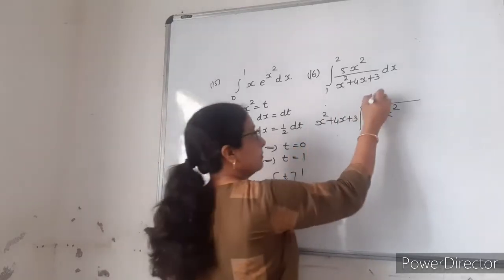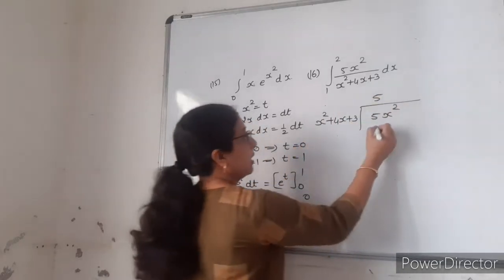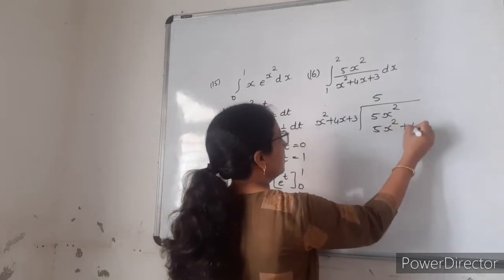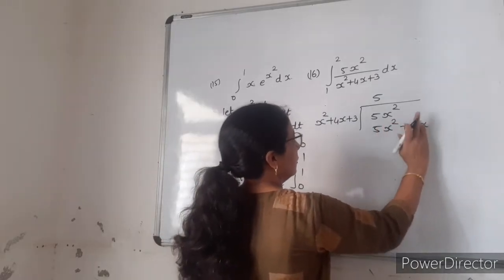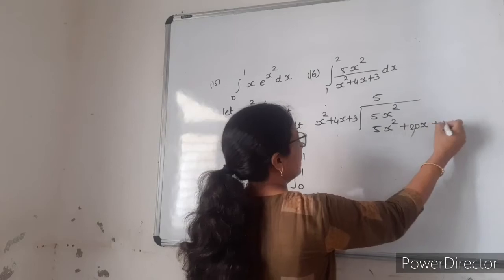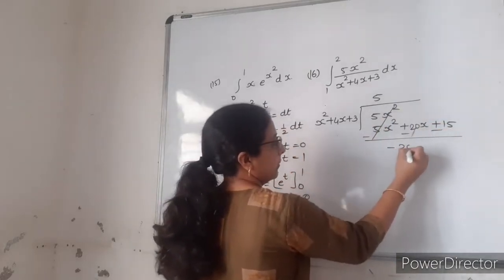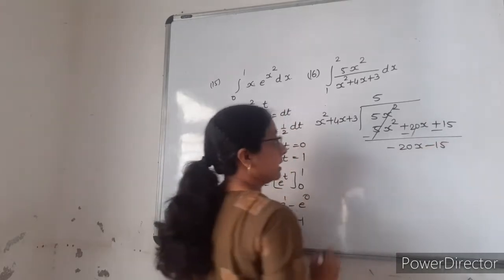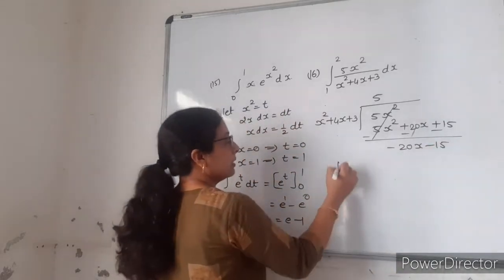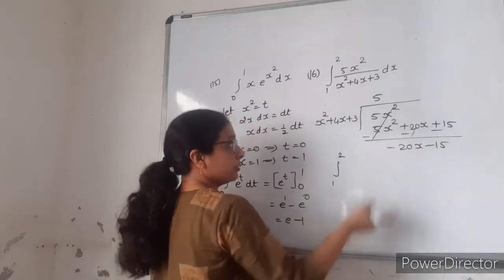So it is multiplied by 5. Here 5x square plus 5 4s are 20x plus 15. Change the sign. Minus 20x minus 15. So now integration 1 to 2.